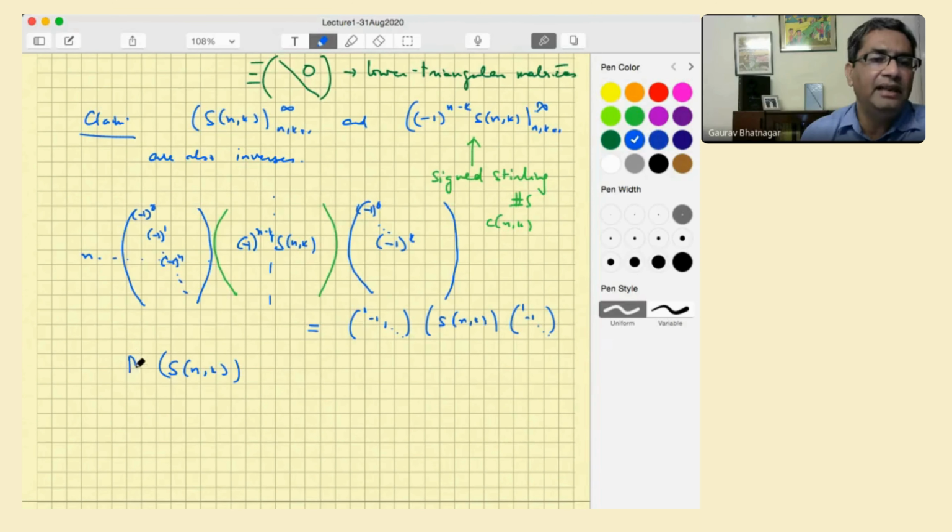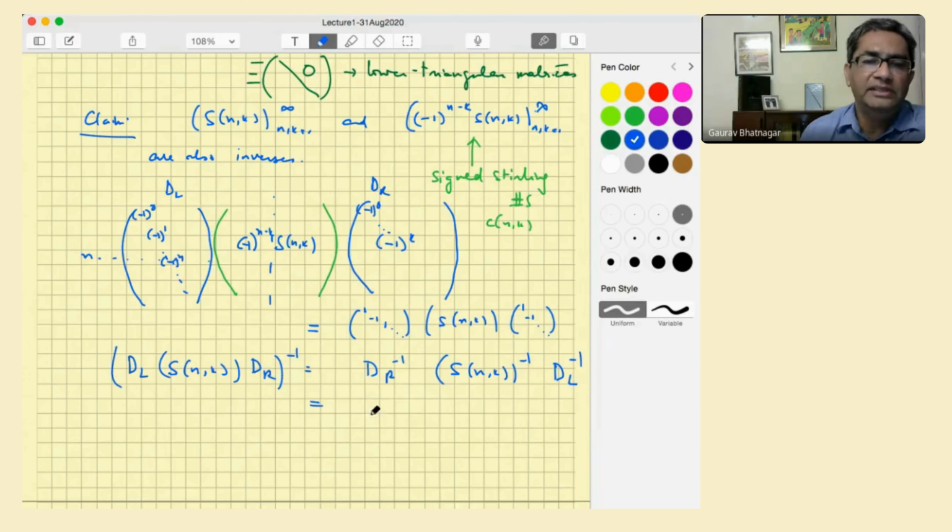Let's call this DL, and this DR. They're the same. This is DL and this is DR. So what's the inverse of this? This is DR inverse, S and K inverse, and DL inverse.